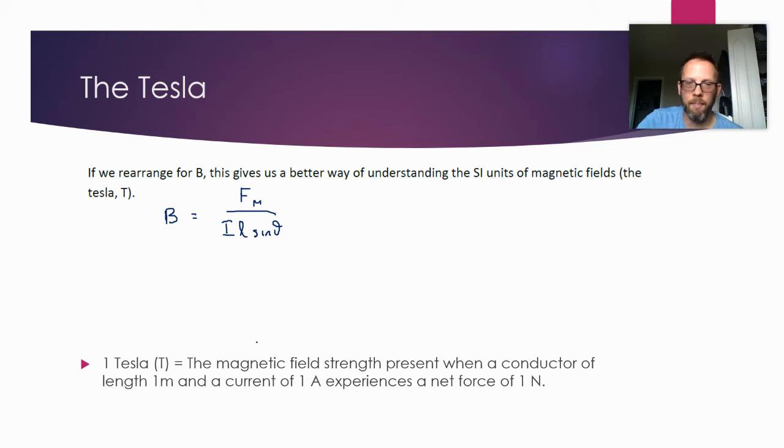The Tesla is the magnetic field strength present when a conductor of length 1 meter and a current of 1 amp experiences a net force of 1 Newton. That's a little easier to visualize. If I have a 1 meter long wire and I run a current of 1 amp through it, when my wire is experiencing a net force of 1 Newton, I know that I have the required field strength of 1 Tesla.